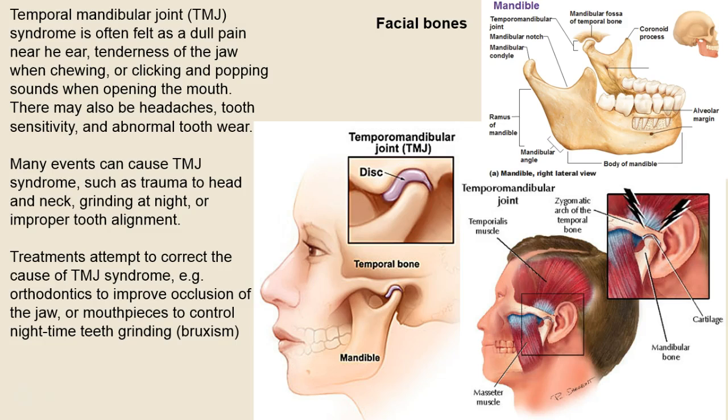So if it's improper tooth alignment, then we're going to improve the occlusion of the maxilla with the mandible with orthodontics. Or if it's nighttime grinding, we might give them a mouthpiece that will ease some of the pressure on the TMJ, temporal mandibular joint.